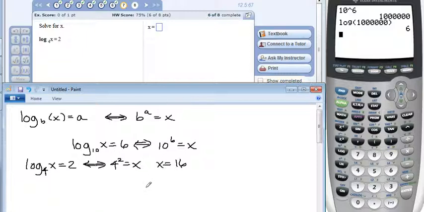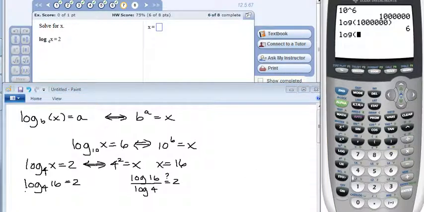4 squared. So what this is saying is log base 4 of 16 is equal to 2. Well, how can I check that in my calculator? I could do the change of base, right? Log of 16, common log, over the log of 4, has to be equal to 2, and that's the question. Well, let's try it.